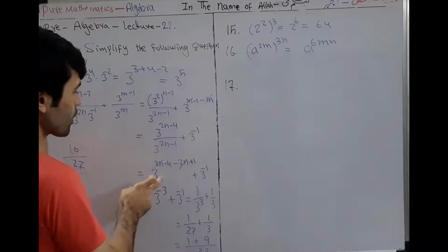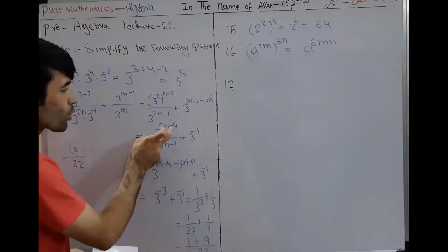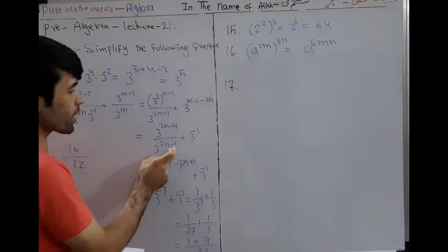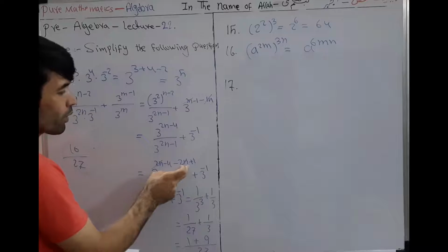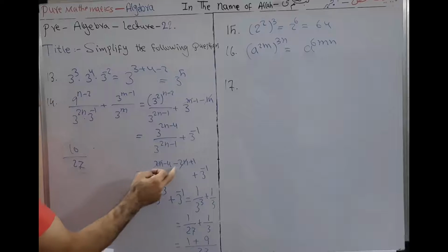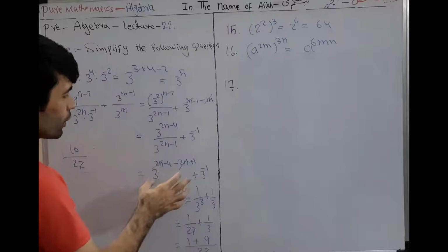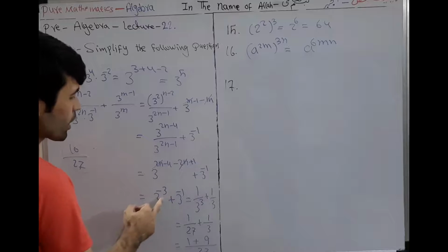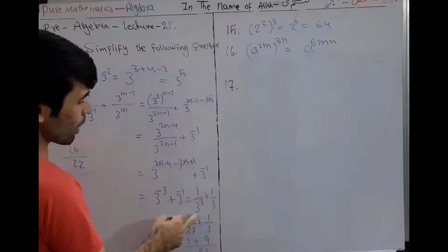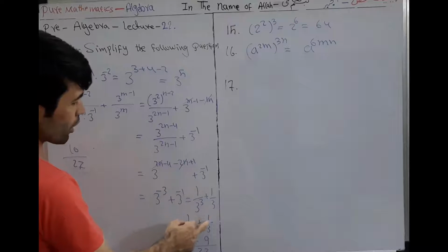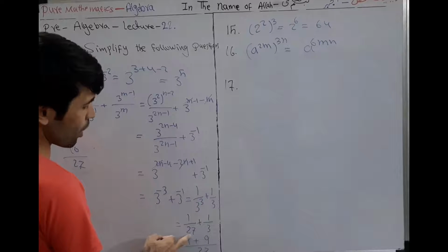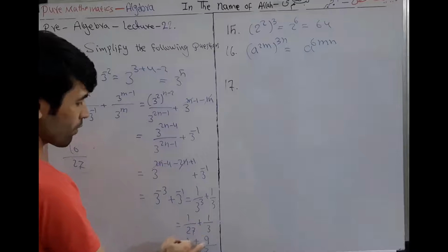It is equal to 3 to the power 2n minus 4, the exponent of the numerator minus 2n minus 1, it will become minus 2n plus 1, 3 to the power minus 1. Then 2n minus 2n cancelled, we get minus 4 plus 1, minus 3, plus 3 to the power minus 1, it is equal to 1 by 3 to the power 3 plus 1 by 3 to the power 1, 1 over 27 plus 1 over 3.